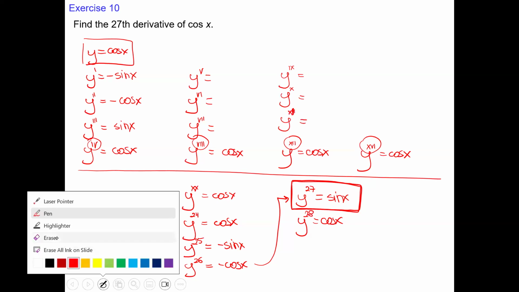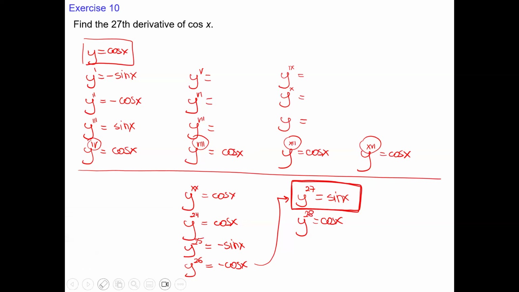Okay, I'm using Roman numerals. You can also learn Roman numerals. And then cosine. But every fourth multiple is cosine. And we need 27. 28 will be cosine of x. Sine of x is the answer.